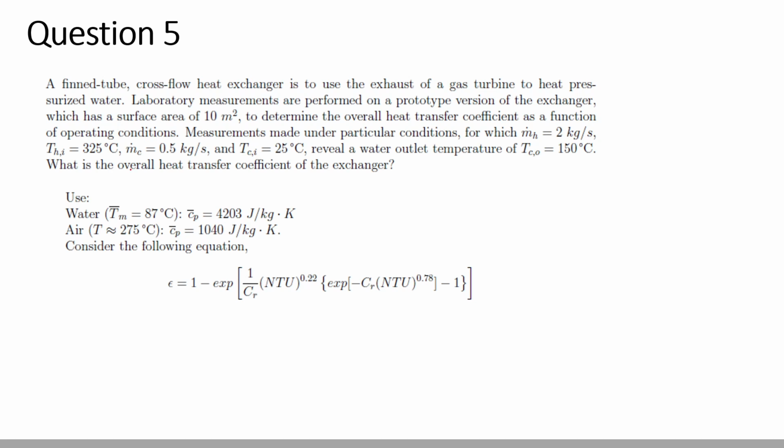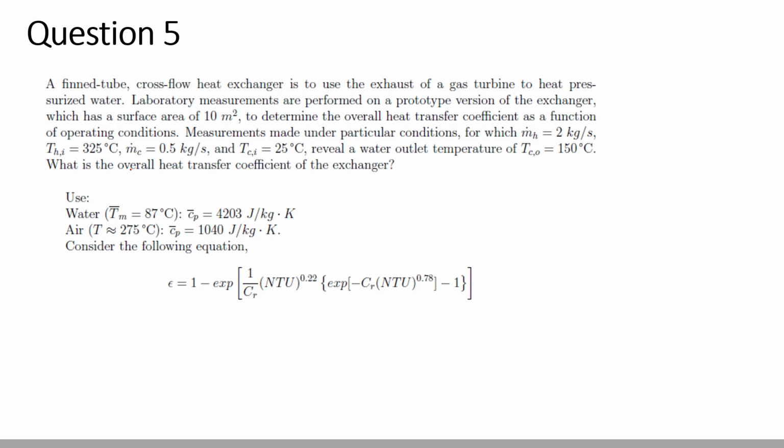So in this question, we have been given that a fin tube cross flow heat exchanger is to use the exhaust of a gas turbine to heat pressurized water. Laboratory measurements are performed on a prototype of the heat exchanger, which has a surface area of 10 meters square, to determine the overall heat transfer coefficient as a function of operating conditions.